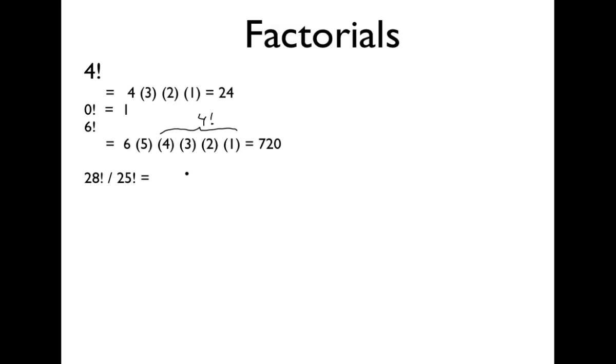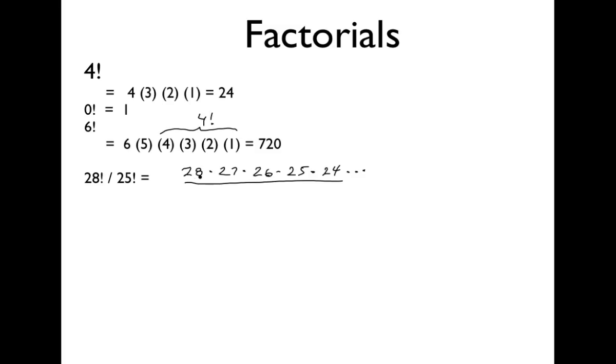Trevor, tell me. I'm just trying to picture if you had them all lined out, like 28 on top and then 25 on bottom. Then you could cross them off, so you could just do 28 times 27 times 26. What are you crossing off? All the 25s. Right, exactly.